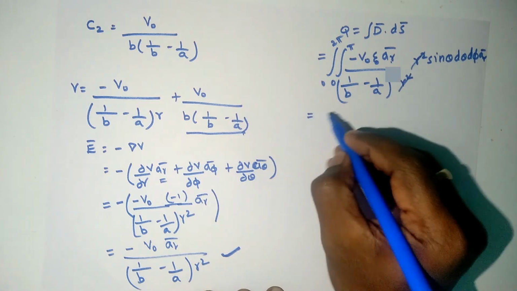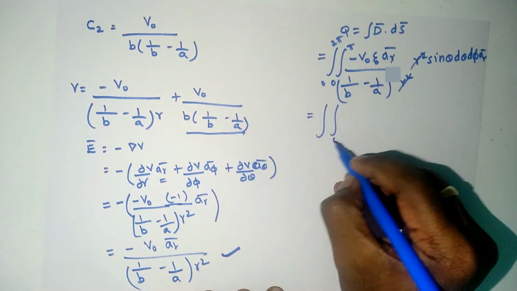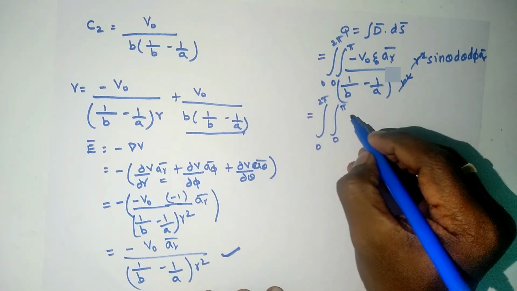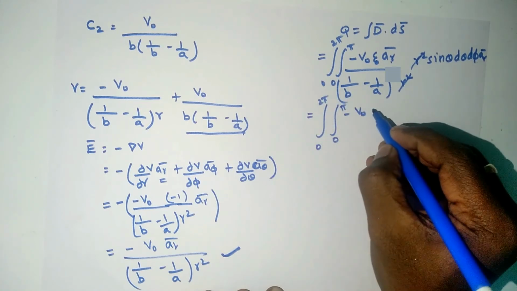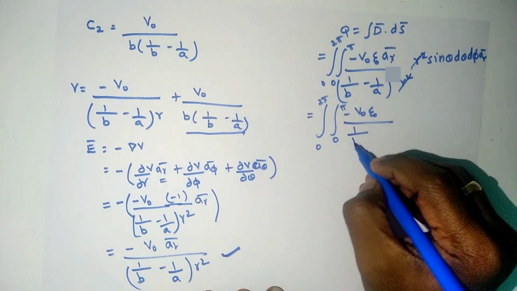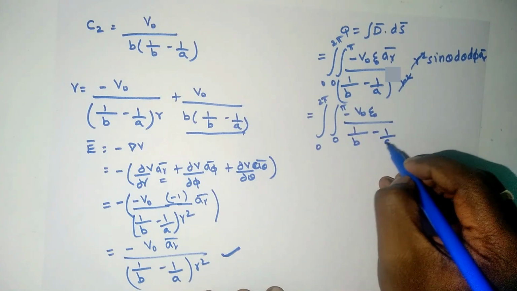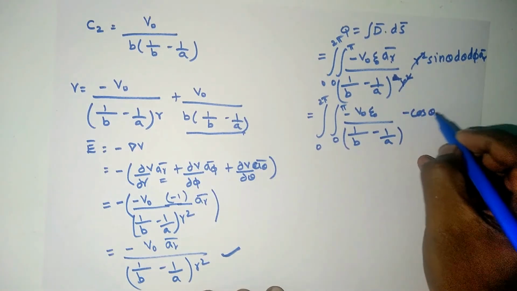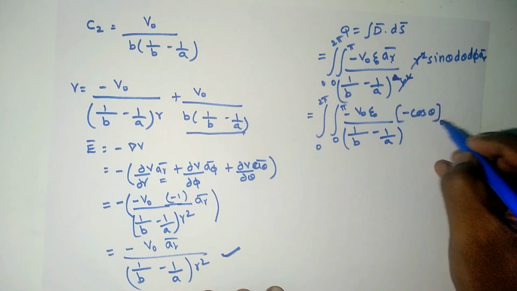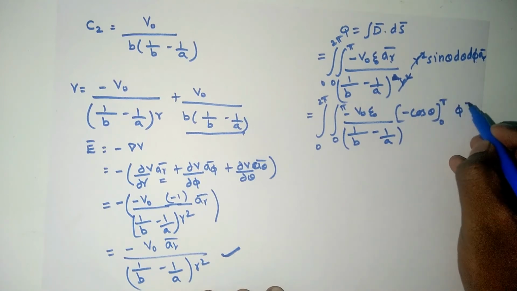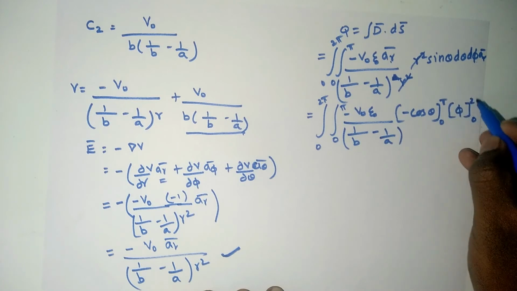So we can write integration 0 to pi, 0 to 2 pi, minus V naught epsilon naught divided by 1 by B minus 1 by A. Integration of sin theta will be equal to minus cos theta, limits 0 to pi. Integration of d pi will be pi, the limits 0 to 2 pi.